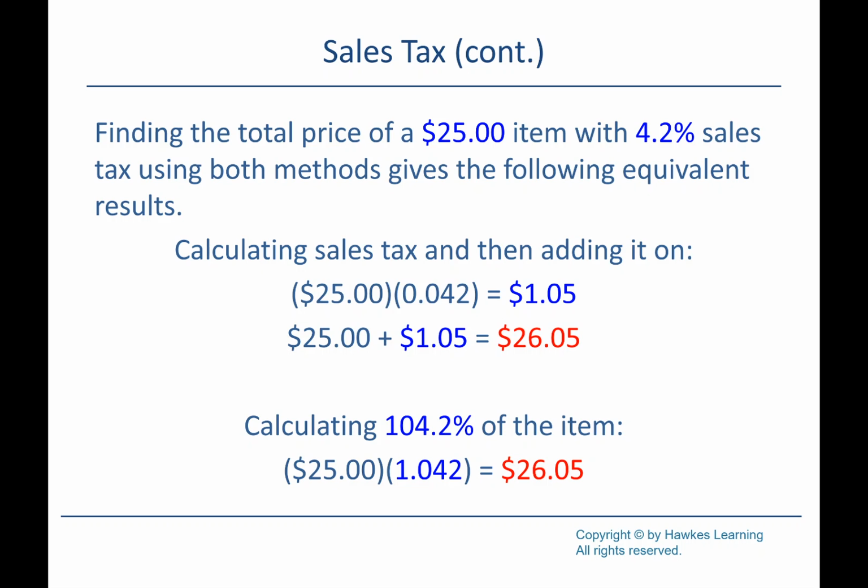But the other way we can do it is we take our 100% that we're going to pay on the item plus the 4.2% tax, get 104.2%, change that to a decimal, 1.042, and multiply by the cost of our items, and we get the same thing.